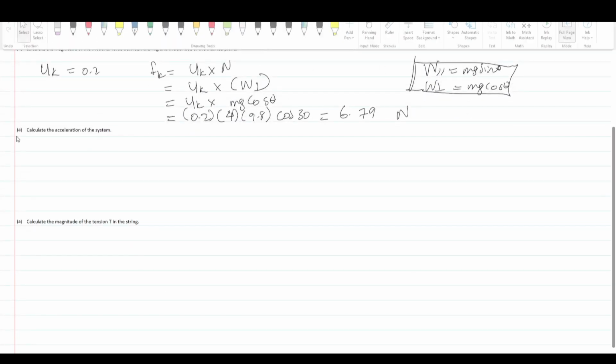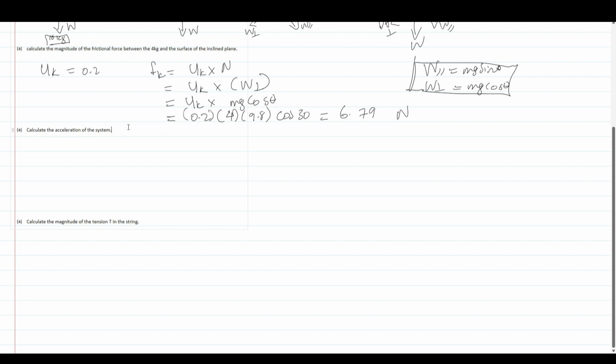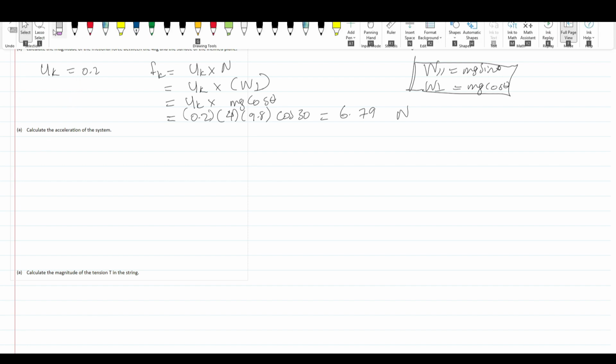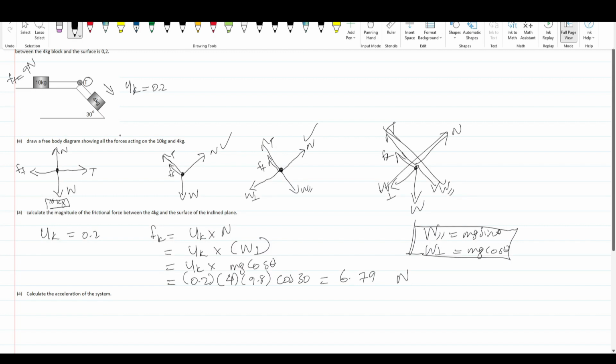Then the next question says we have to calculate the acceleration of the whole system. To calculate the acceleration of this whole system, it's important to note that the 4 kg and the 10 kg block both have the same tension, and they are both going to experience the same acceleration since they are connected by one rope or one pulley.